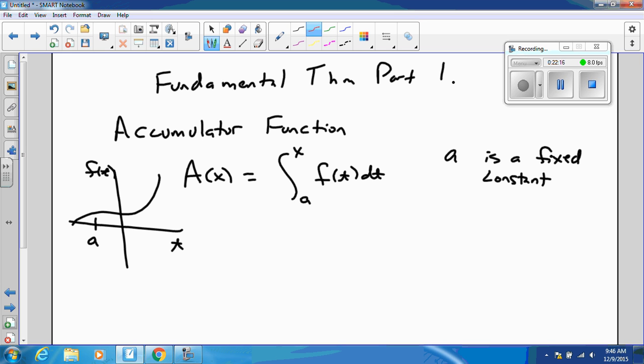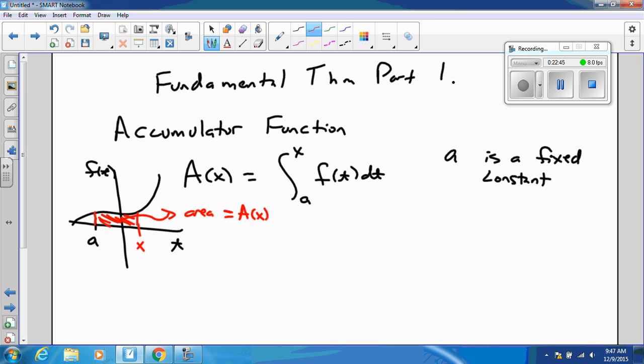And now what we're going to do to generate our function of x is we're going to consider all possible x values along this line here. Here's one right here. And we're going to integrate out from a out to x and find the net signed area under the curve right there. And this area is equal to the value of A of x, just like that.